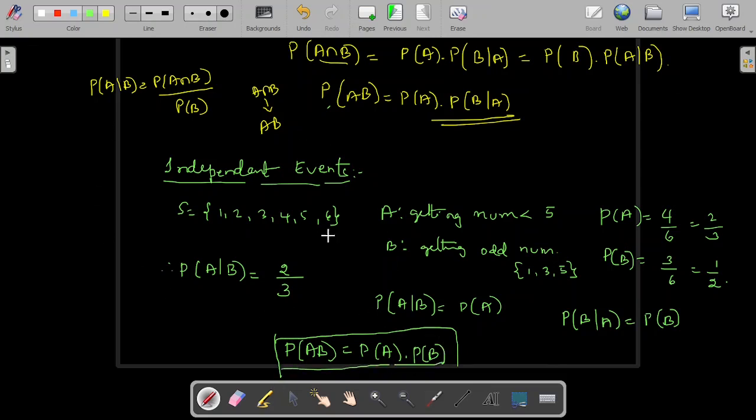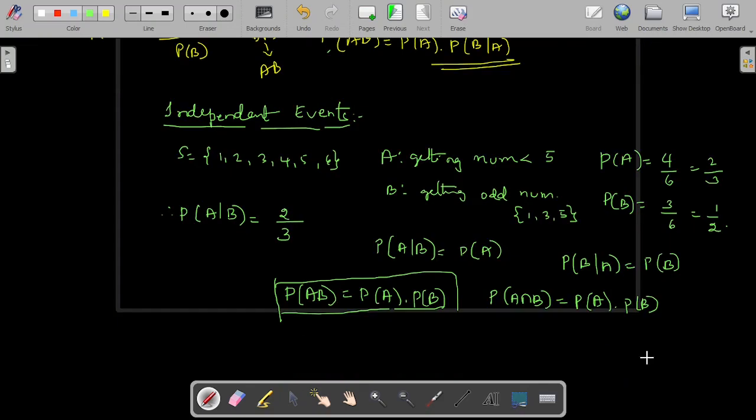Two events A and B are said to be independent if P of A intersection B equals P of A into P of B.